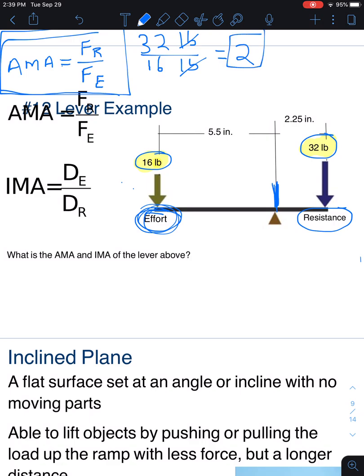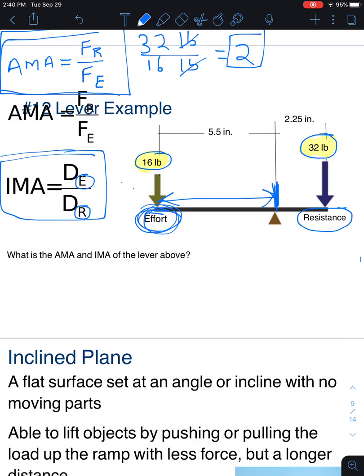The IMA is where you're measuring the distances, and for a lever we're measuring the distance from our effort force to the fulcrum. Here's our equation for IMA, ideal mechanical advantage: the effort distance, where E stands for effort, divided by your resistance distance.